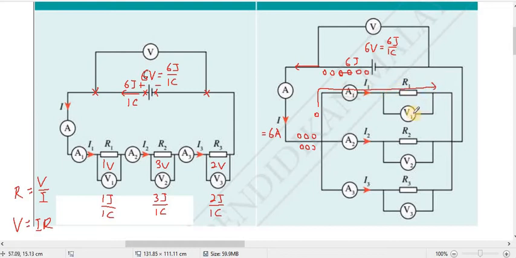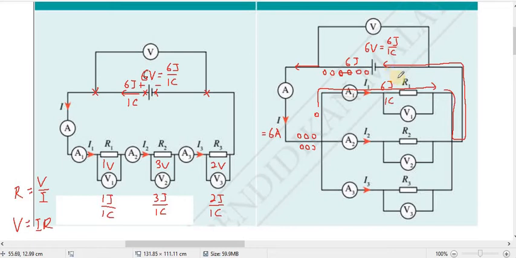Pass through here. Here got resistance, right? So the 1 coulomb that carries 6 joule will do how much work? 6 joule of work here. Why? Because after this, is there any other resistance or not?